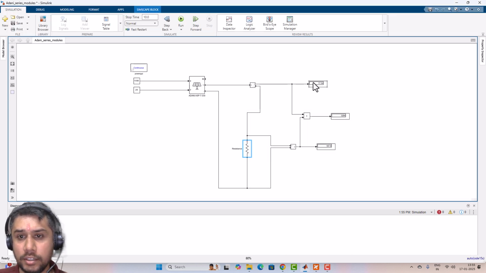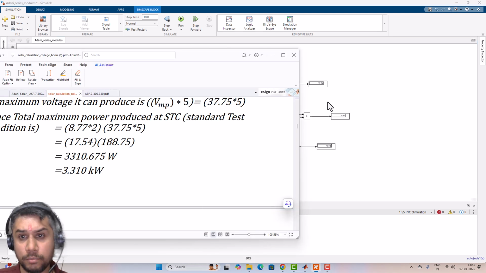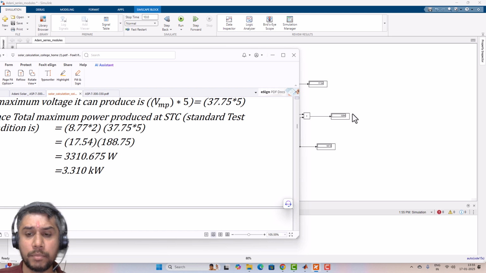Yes, 17.54 is the value of current, 187.8 is the value of voltage, nearly 3294 is the power output, which is nearly 3.3 kilowatt.